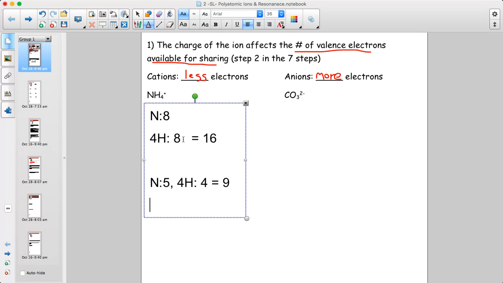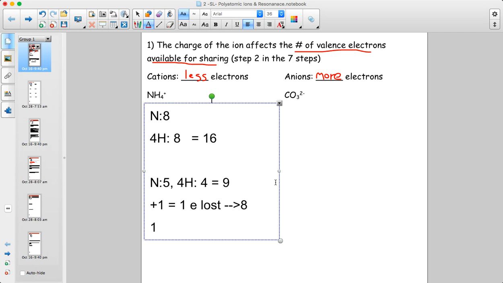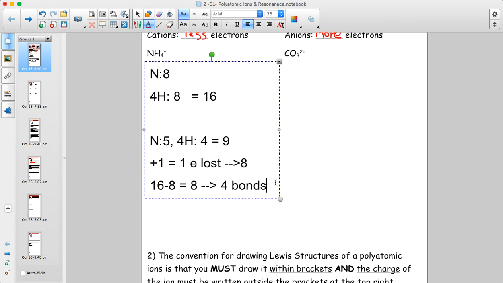And then here's where the charge comes in. Ammonium has a +1 charge, which equals 1 electron lost. So instead of 9, you have to take 1 away from that, and that means that you actually have 8 to work with. Okay, so 16 minus 8 equals 8 electrons that need to be shared, which means 4 bonds. And so that makes sense.